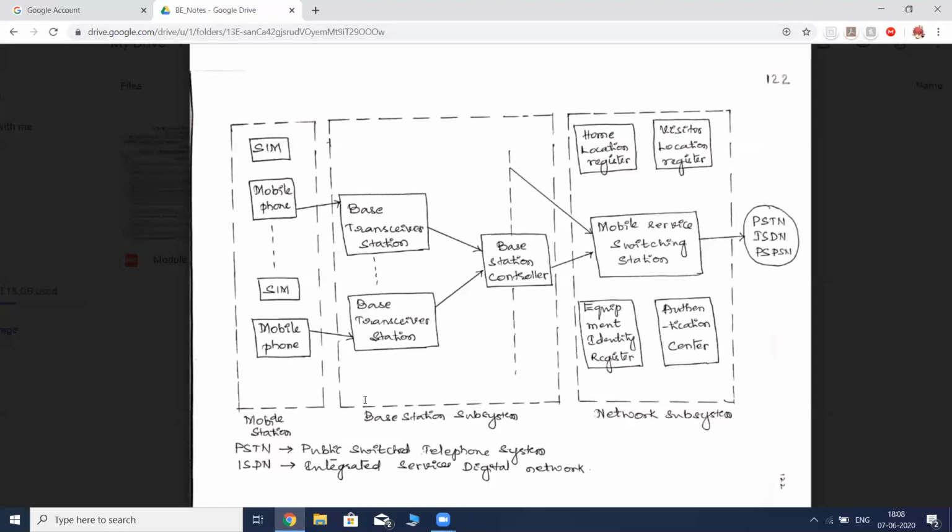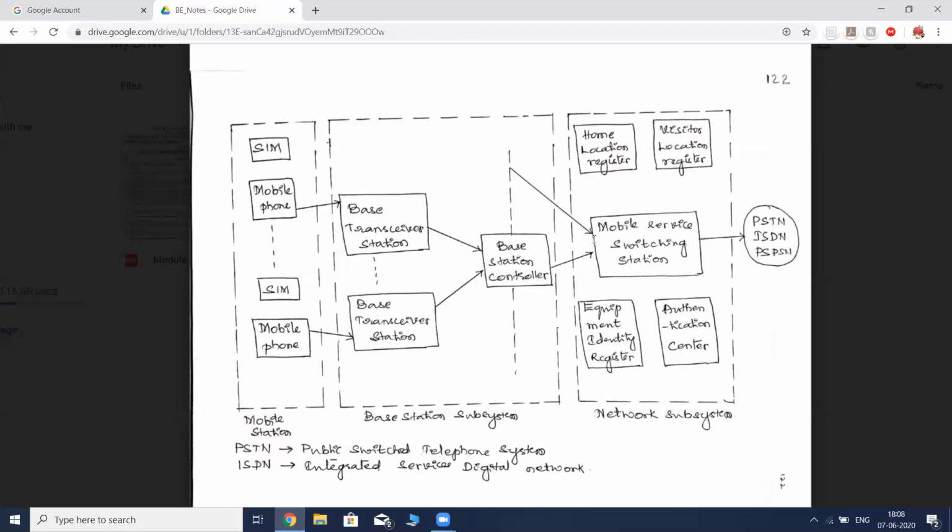A few of these base transceiver stations will be controlled by the base station controller. Then the call will be passed to the network subsystem, where we have the mobile switching station.